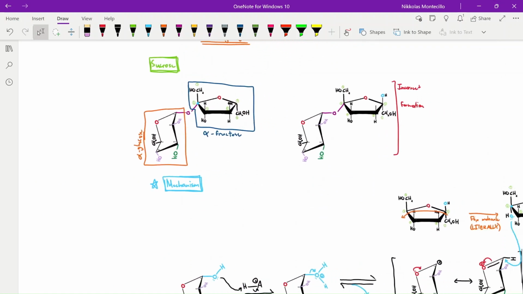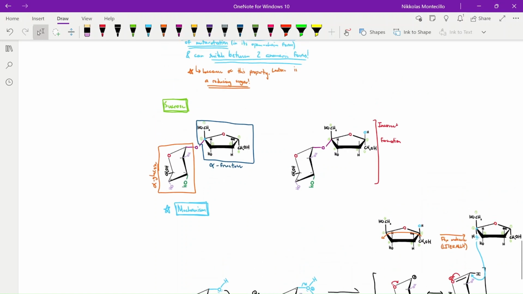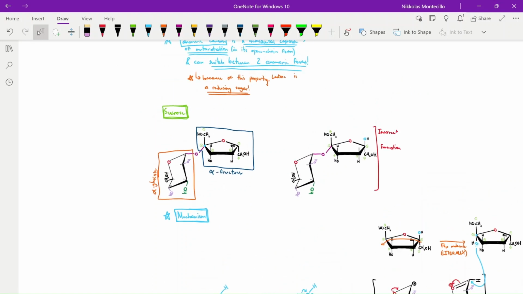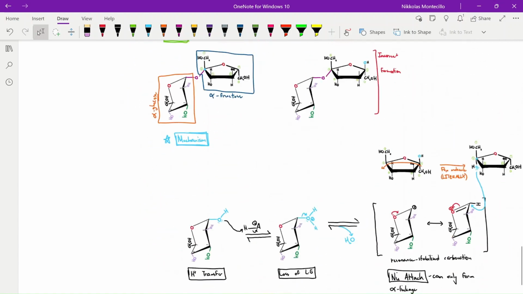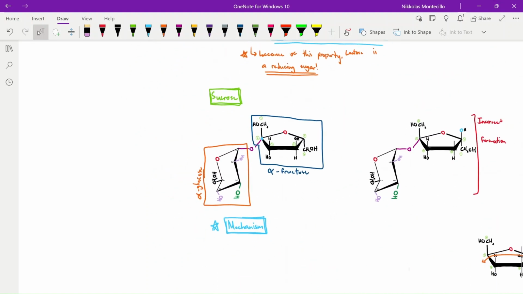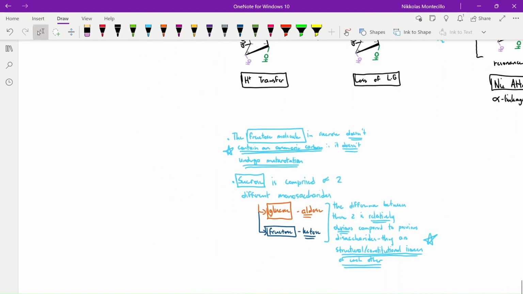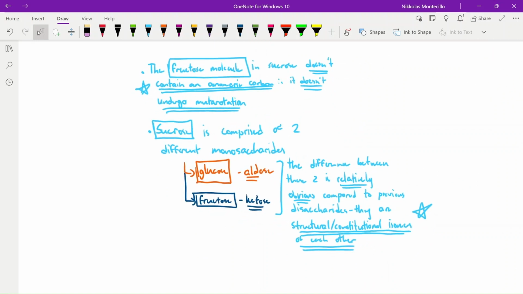Lastly, the last disaccharide that we have is sucrose. Now, sucrose is completely different from the previous three disaccharides that I've reviewed, because sucrose is comprised of two different monosaccharides: glucose, which is an aldose, and fructose, which is a ketose.